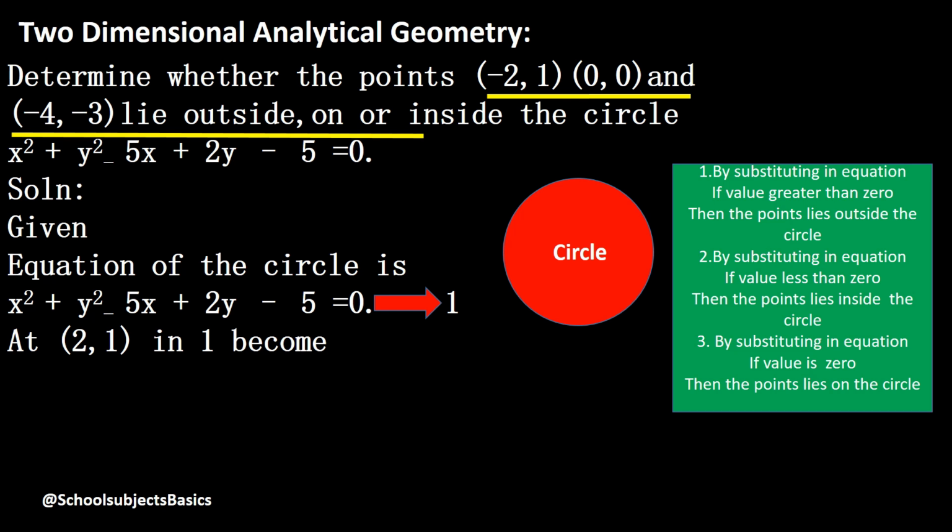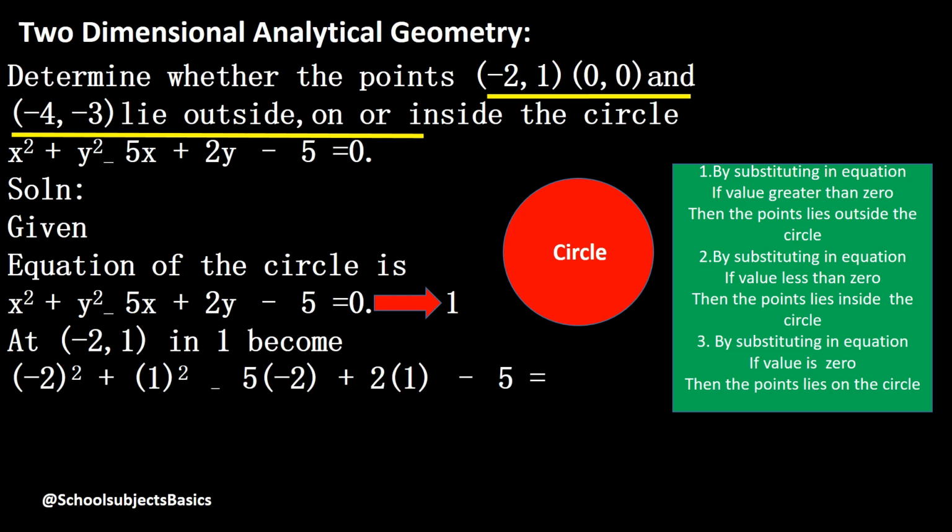So now we will check the point (-2, 1). We will consider this as (x, y). If we substitute in equation 1, in place of x we substitute -2 and in place of y we substitute 1.